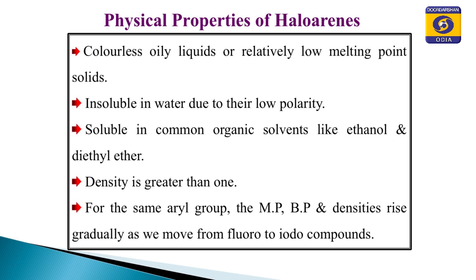If we make a comparison of the melting point, boiling point and density values for the same aryl group, that is, if the aryl group is the same but we are changing the halogen atoms, then what will happen? These physical properties, that is melting point, boiling point and density, gradually increase as we move from fluoro to the iodo compound, which you can better understand from this table.